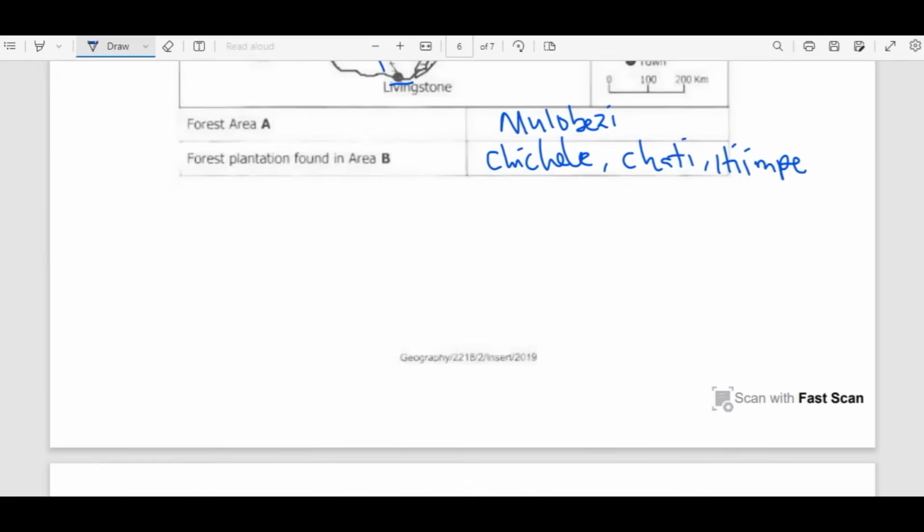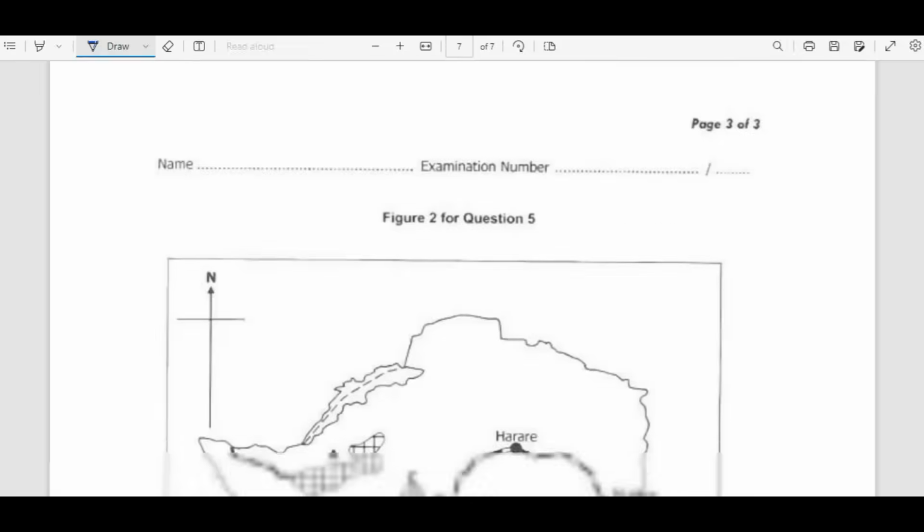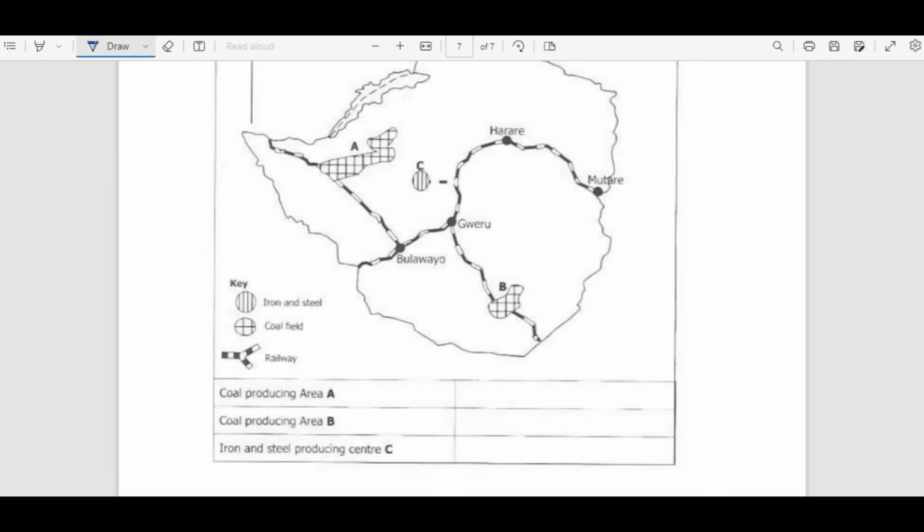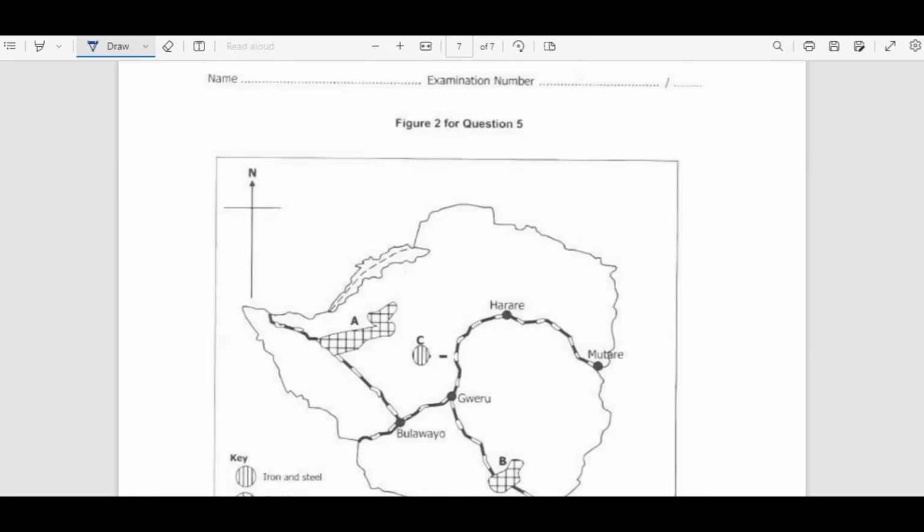We have Harare there, and then we have Mutare there, and then Gweru, and Bulawayo. So these are areas. We have area A, and then we have area B there.